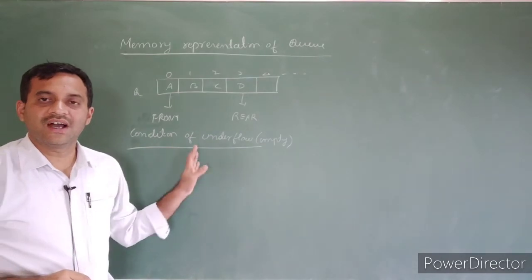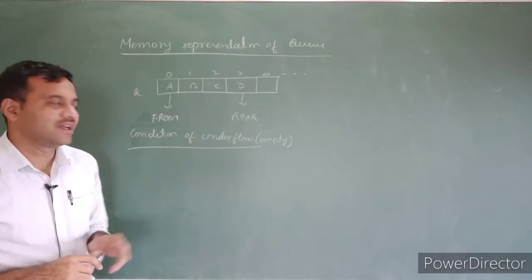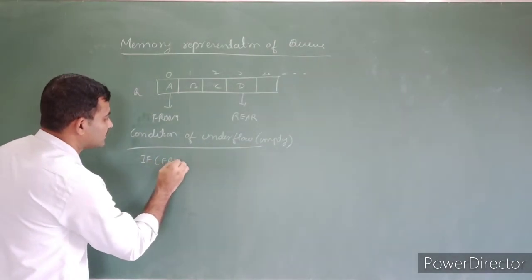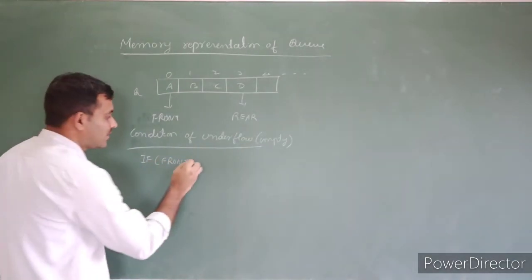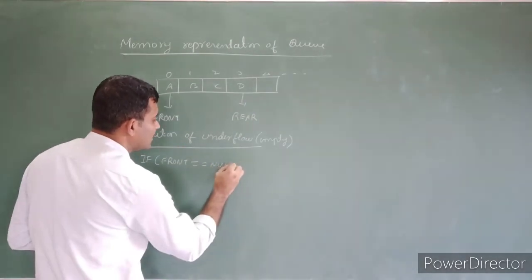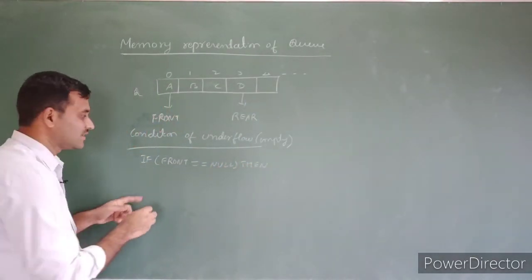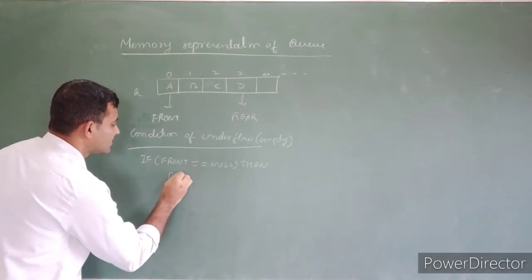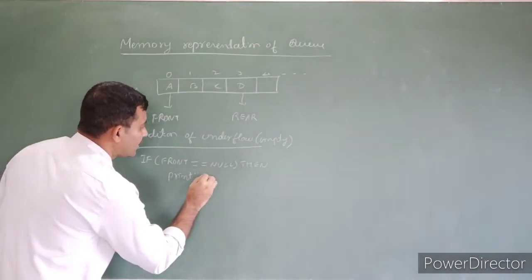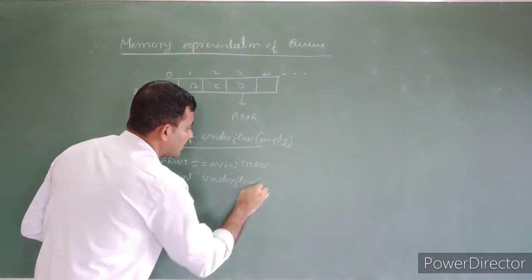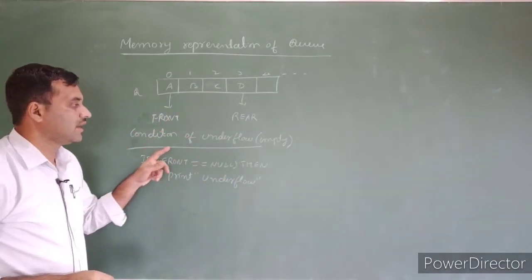When the array is empty, if front is equal to null, then print Q is underflow. That is the condition for underflow.